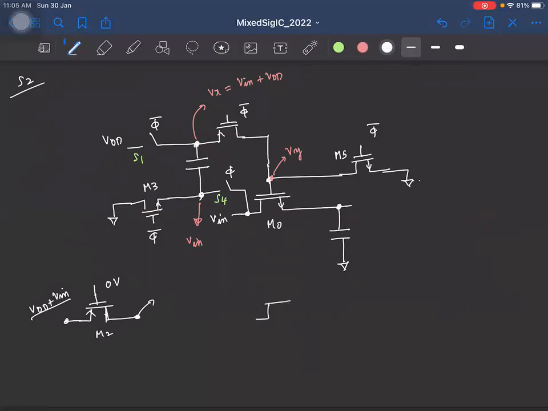We pull the gate of M2 to VDD, right? And when this switch is off, the switch S1 pulls the top plate of the capacitor and connects it to VDD, right? So this is the top plate of the capacitor that's connected to VDD by the switch S1.